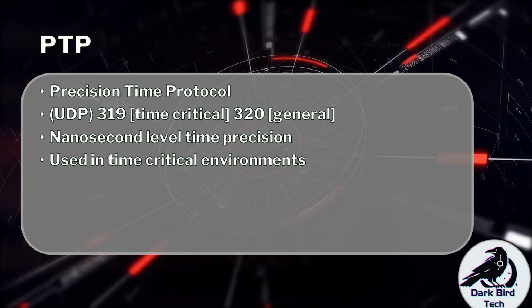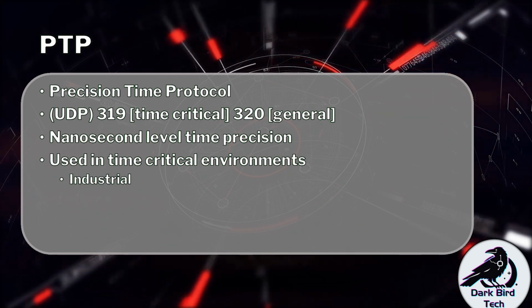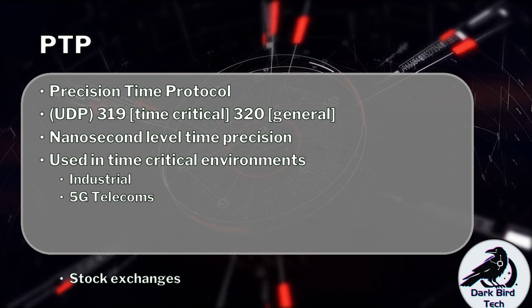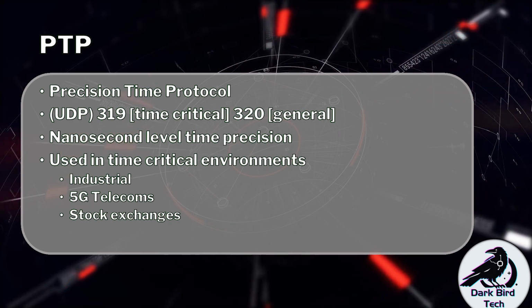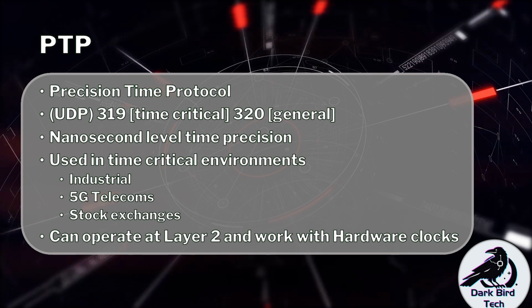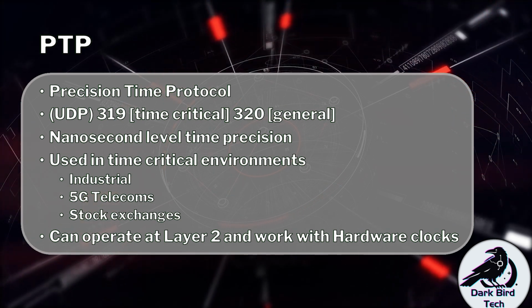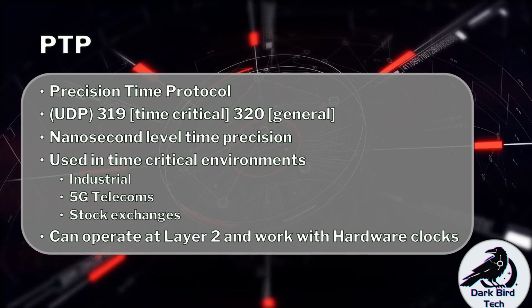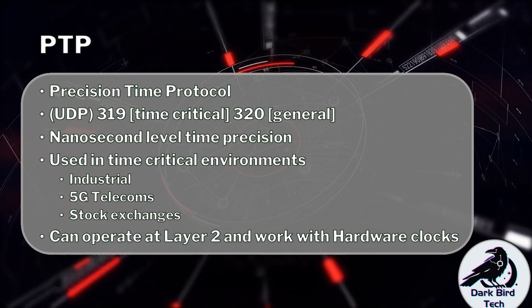You'll see this in situations like industrial environments, 5G telecoms, stock exchanges, and a whole load more. And it's got a very interesting feature. It can operate at layer 2 and work with hardware clocks. So it's a nice, interesting alternative to NTP.